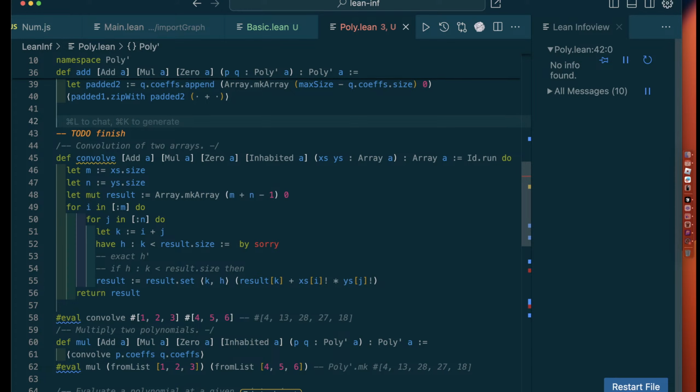Yeah, get rid of the whole line. Oh yeah, I guess it makes sense.